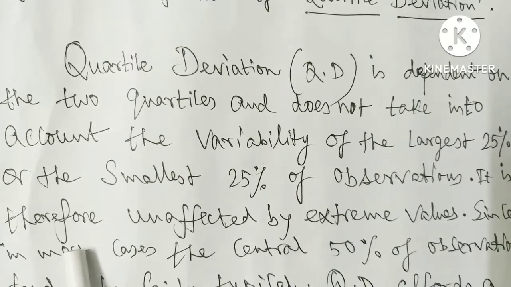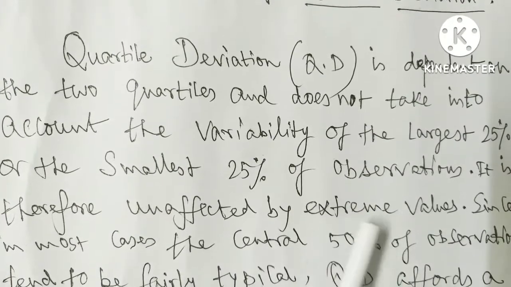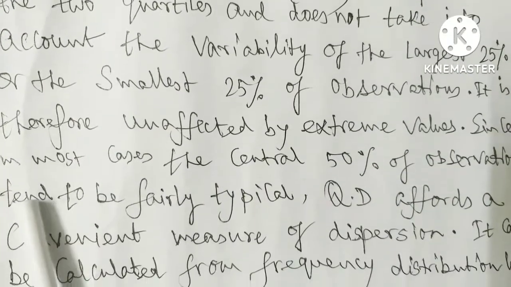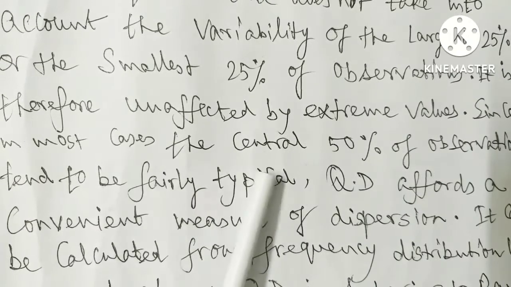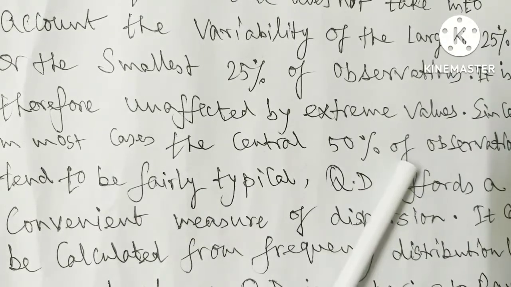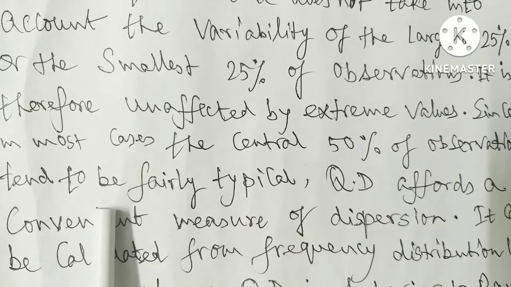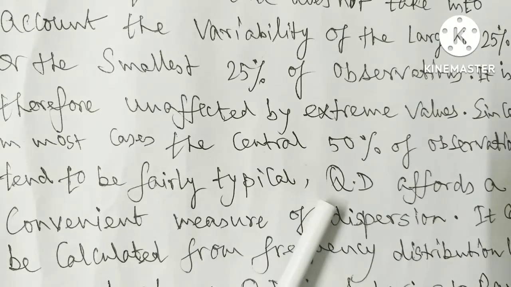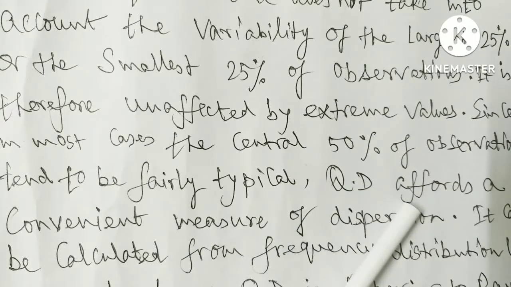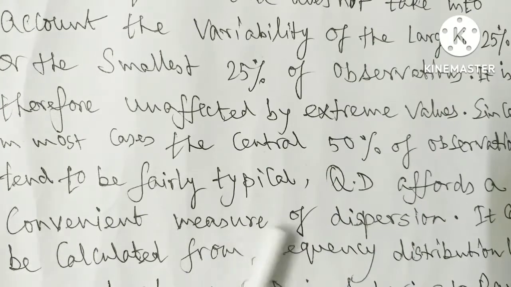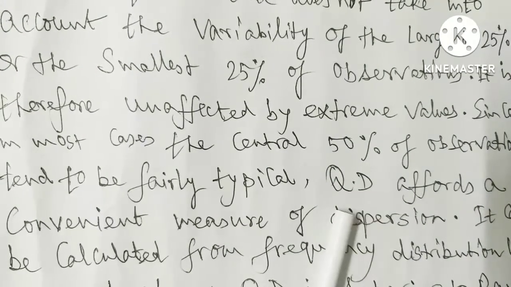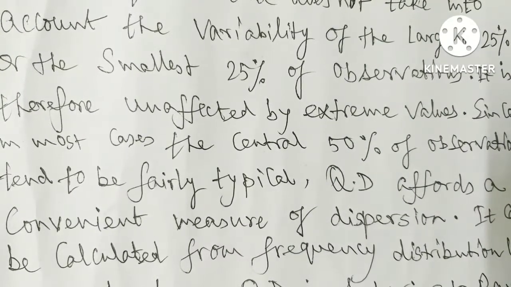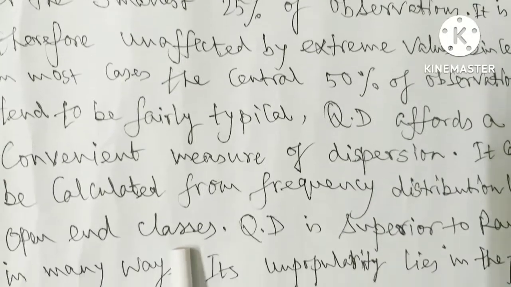It is therefore unaffected by extreme values, since in most cases the central 50% of observations tend to be fairly typical. Quartile deviation affords a convenient measure of dispersion. It can be calculated from a frequency distribution with open-end classes.